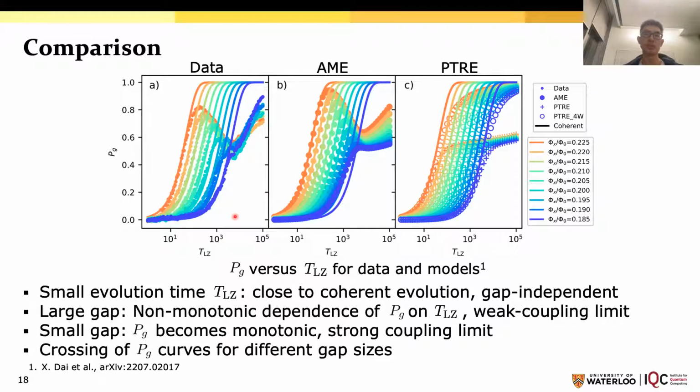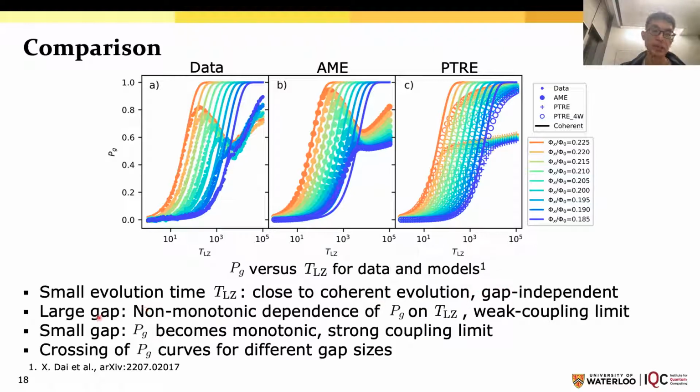So just to summarize, in the short evolution time, the experimental data shows that it is always close to a coherent evolution, no matter whether the gap is large or small.